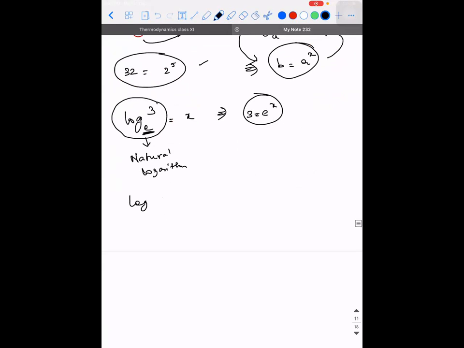Okay. If I ask you log of 100 base 10 is equal to x, then what is the value of x? 100 is equal to 10 power x. Then what is the value of x? X is 2. Are you able to understand this? So if you write a log of a number base 10, then this kind of a logarithm is called as common logarithm.